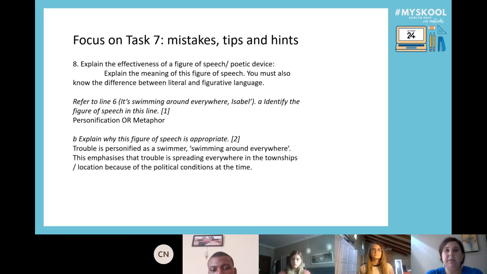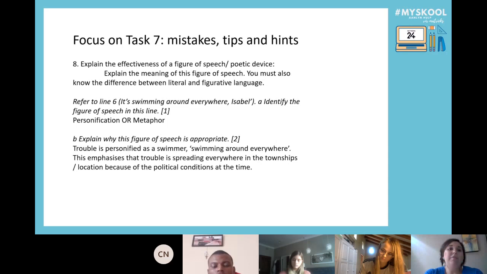Or another example: if I say he takes the bull by the horns, literally it means he went out and found a bull and tried to catch it by its horns. Figuratively, it means he attempted a difficult task head on.